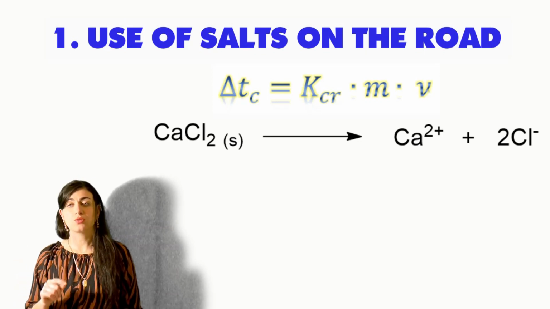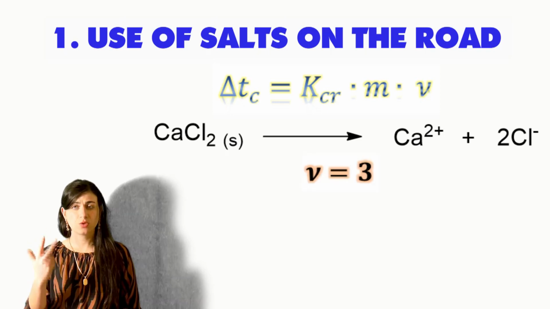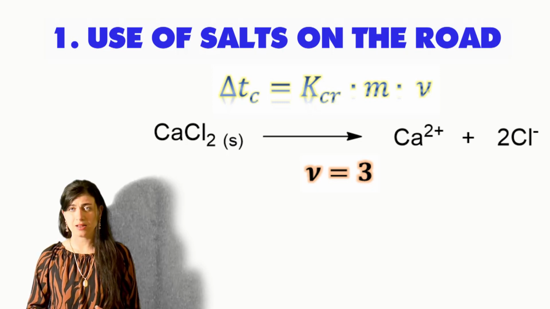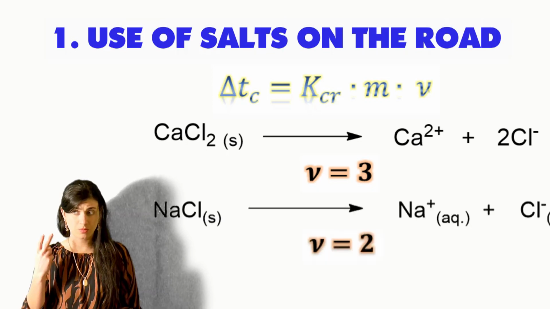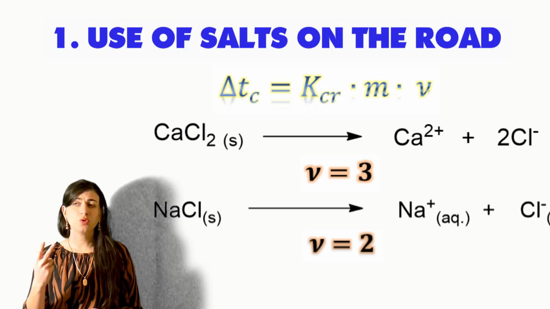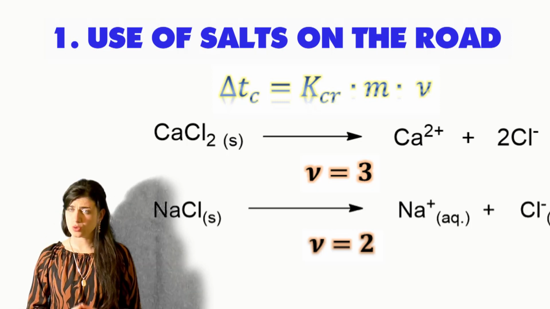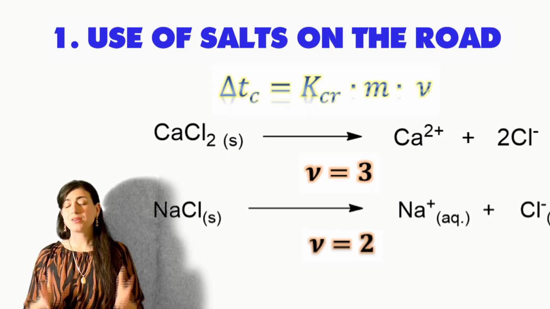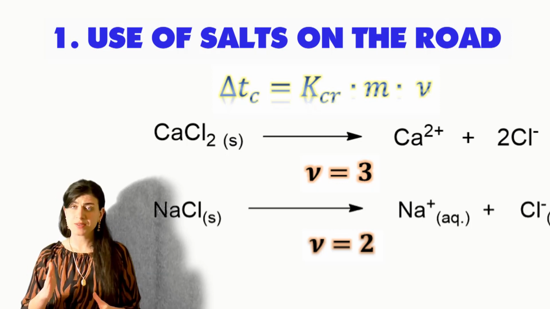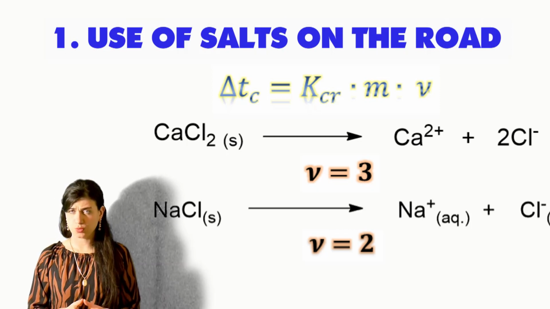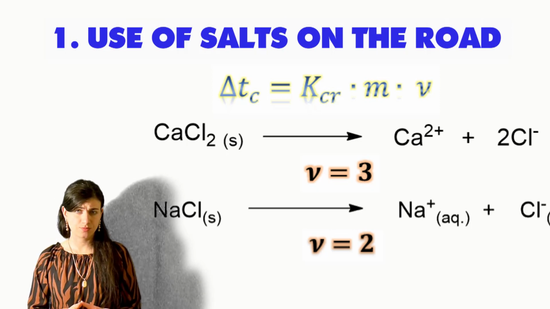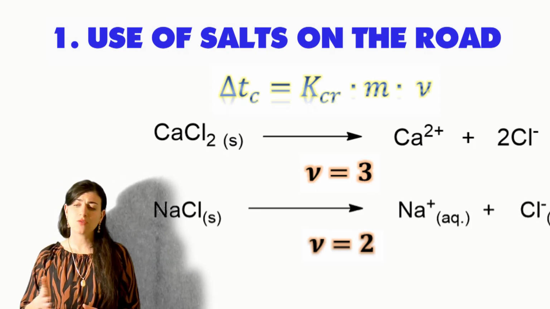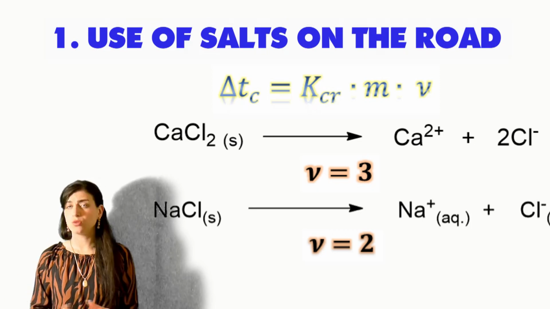So the Van 't Hoff factor for this salt is 3, whereas the Van 't Hoff factor for NaCl is only 2, because for NaCl only 2 ions will be present in solution instead of 3 like CaCl2. So a greater lowering of temperature is given by CaCl2, calcium chloride, which is indeed considered the most efficient salt for avoiding formation of ice on the roads.